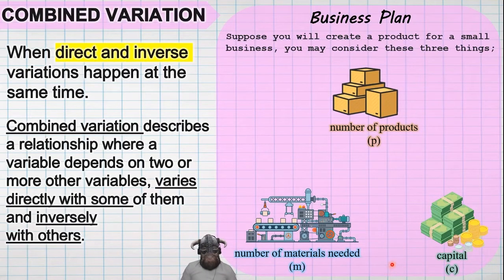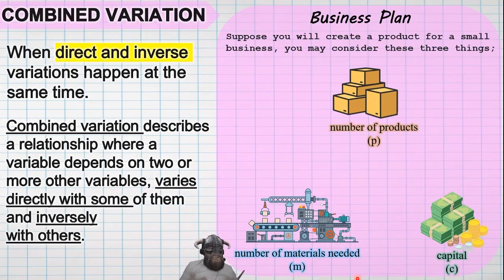In this case, this is a good example of combined variation. Bakit? As the number of products increases, the number of materials also increases. Siyempre, marami kang gagawin na product, maraming materials din yung kailangan mong gamitin. But at the same time, as the number of products increases, your capital decreases. Siyempre, yung capital mo, yan yung puhunan mo.